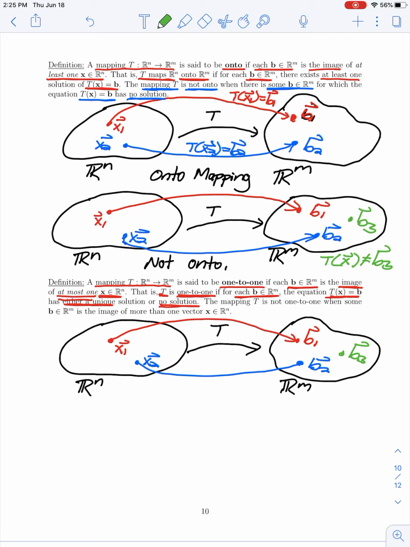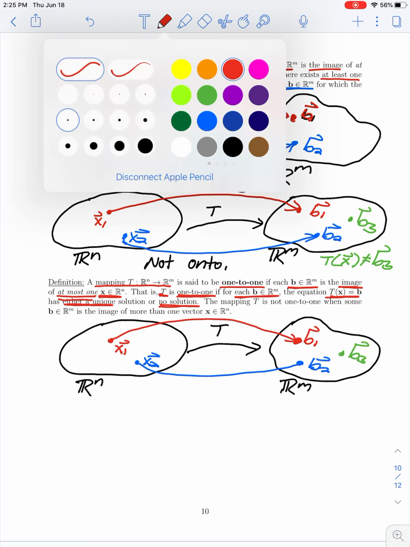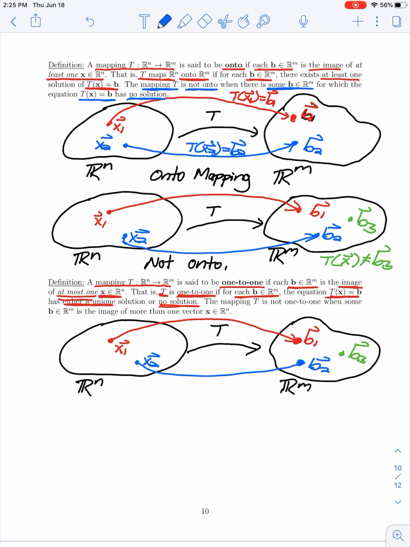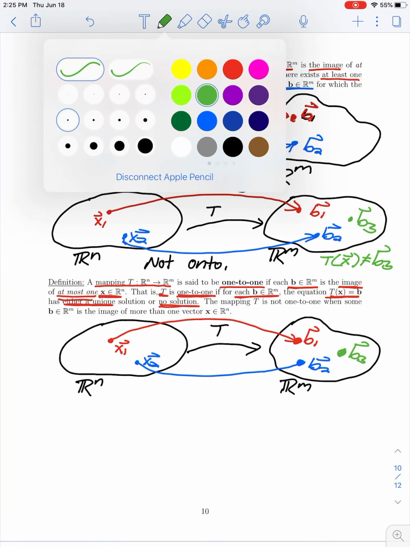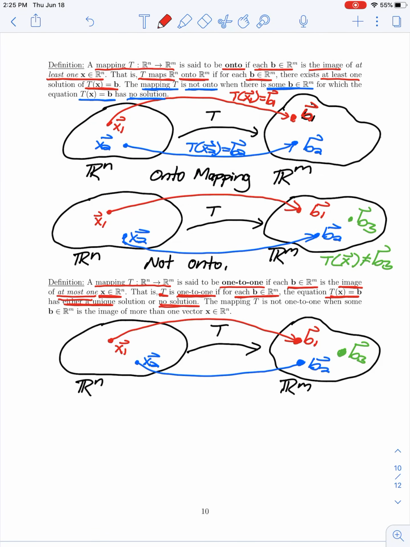This would be an example of a one-to-one mapping where each of these vectors in the codomain, namely B1, B2, or B3, is the image of at most one vector in the domain. So here, the only vector which maps to B1 would be the vector x1.